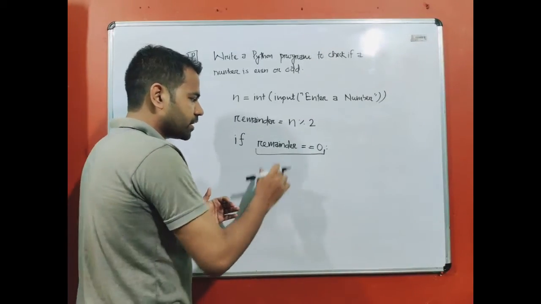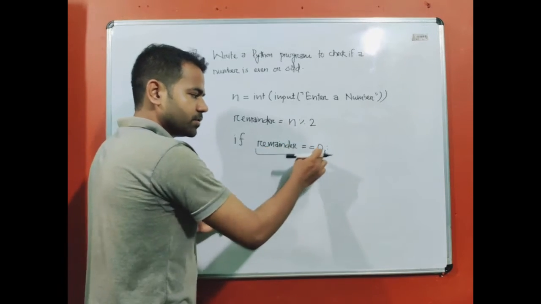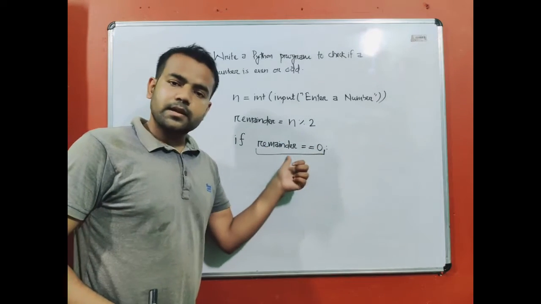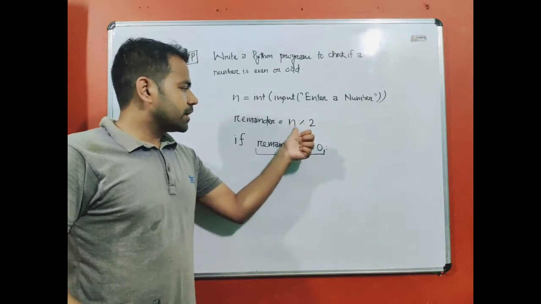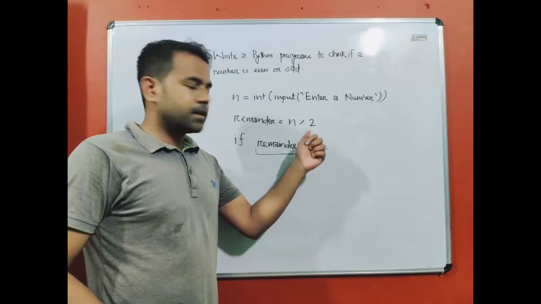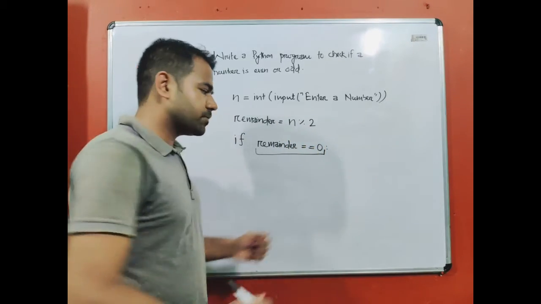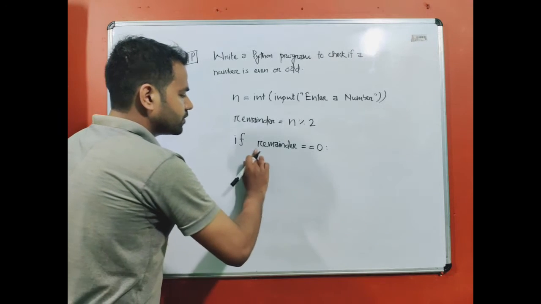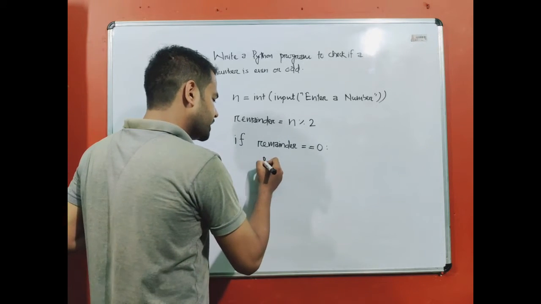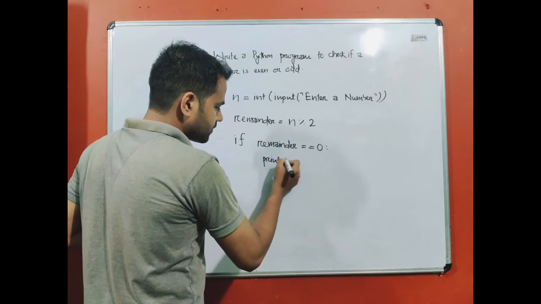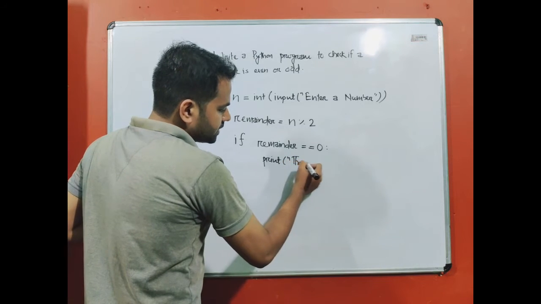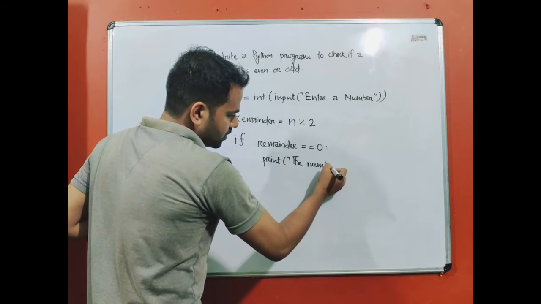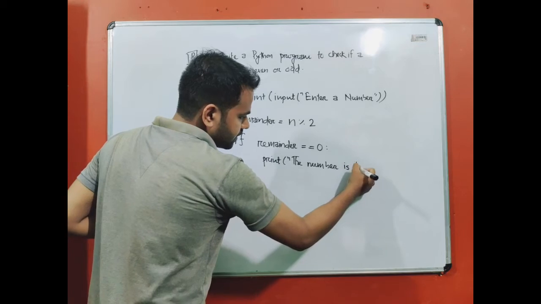We are going to check if the value of remainder is 0. When will we get the value of remainder as 0? When the value of n, the number itself, is even, the remainder will be 0, right? So if it is so, then I am going to write print the number is even.